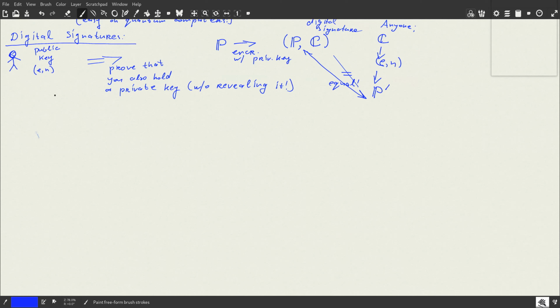Just a second. Okay, oh my God. Sorry. Does it work or not? Yes, okay. Elliptic curves.